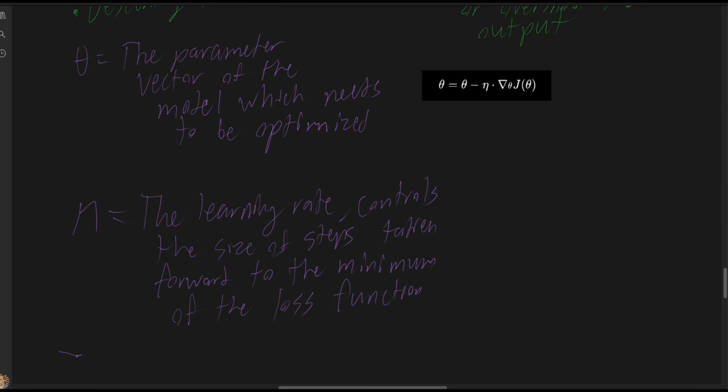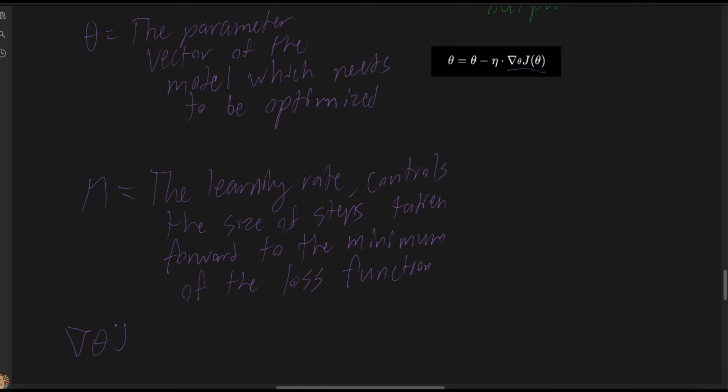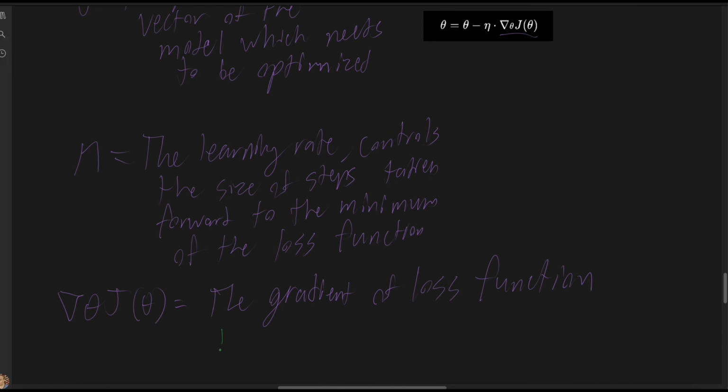And this following group over here, the gradient of J theta, refers to the gradient of the loss function, referred to as J, with respect to the parameter vector.